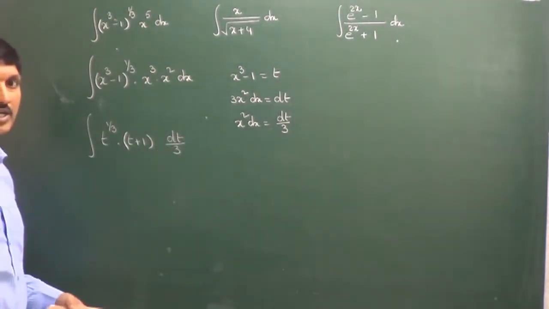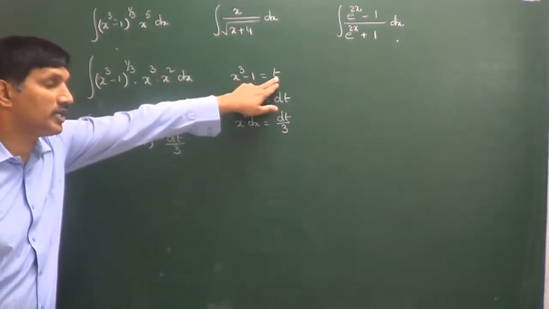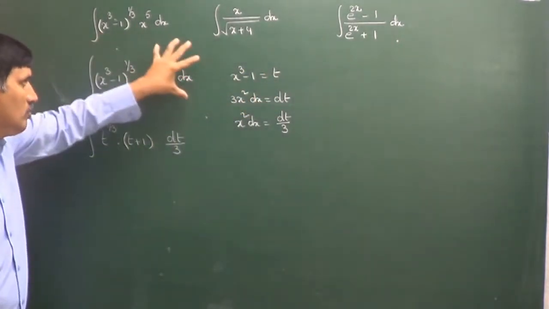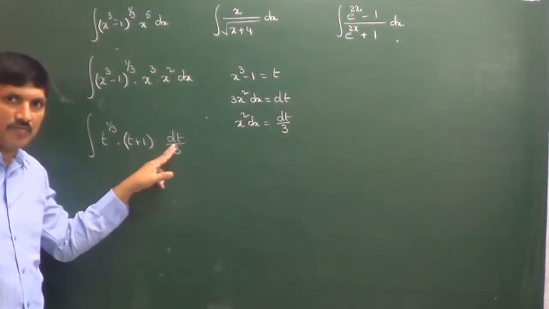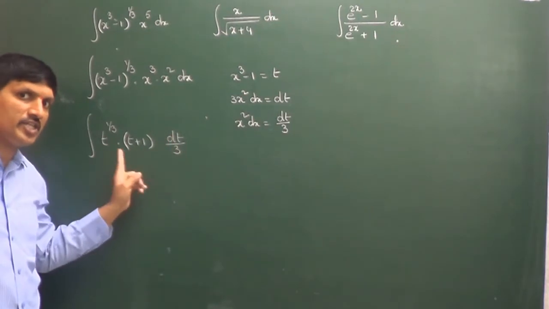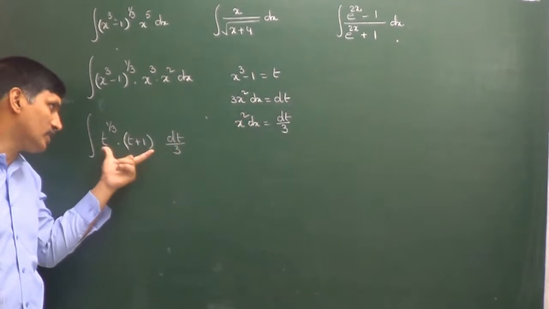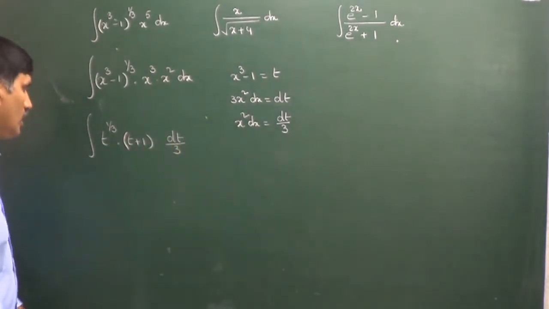Whenever we take a substitution, the entire integral has to be in terms of t and dt. If x is still involved, you are doing it wrong. So the entire integral has to change in terms of t and dt. Now we can do it.